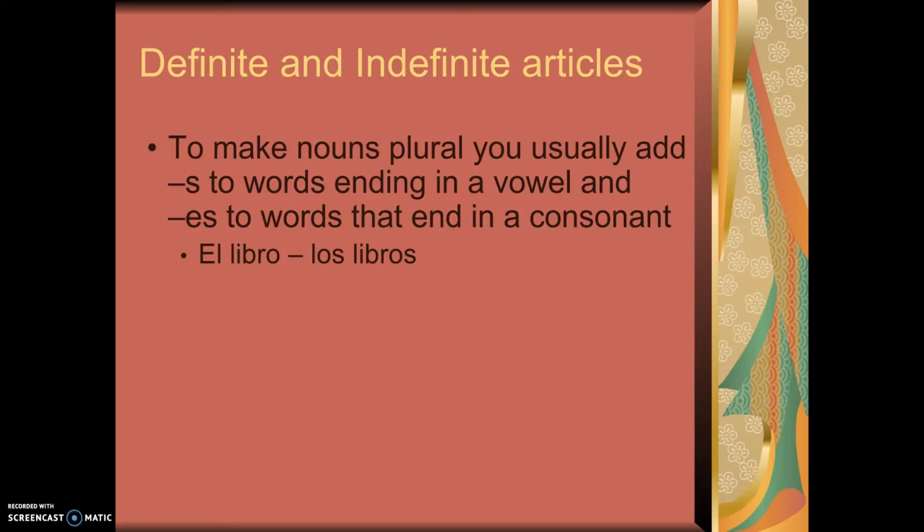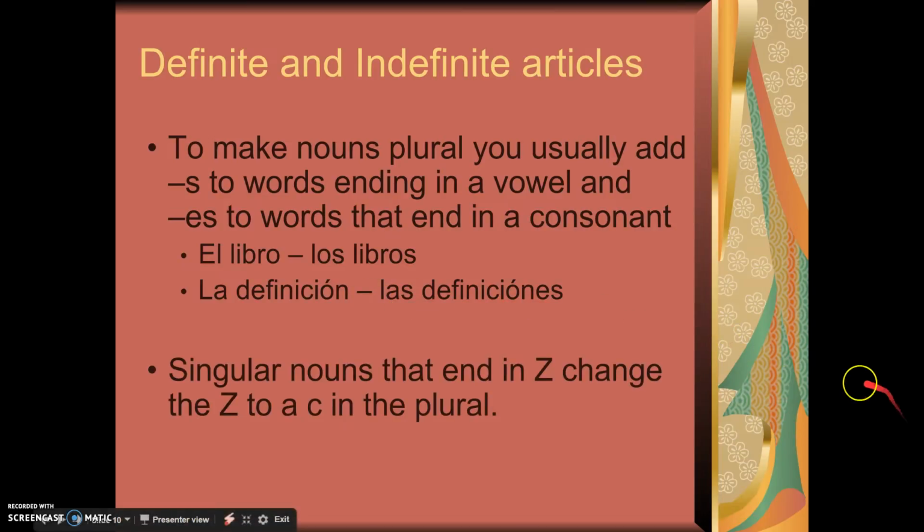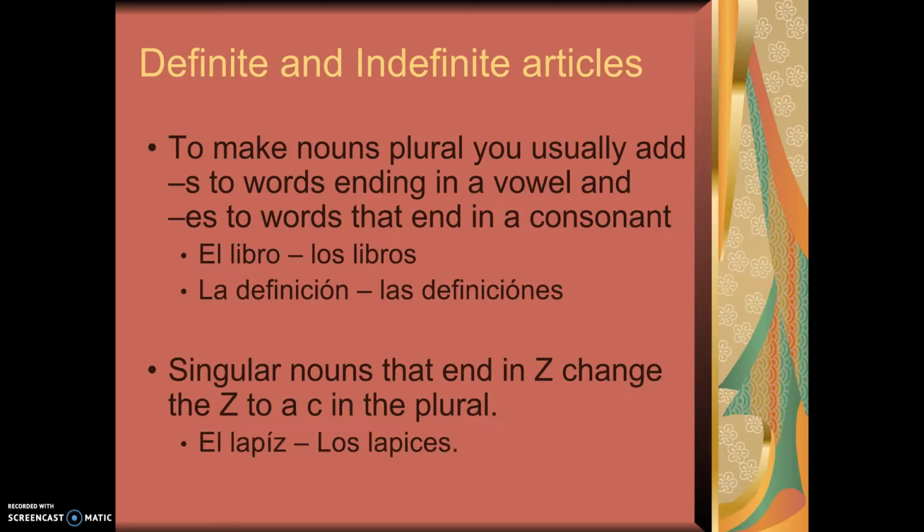So it's el libro, los libros, la definición, las definiciones. Notice the ES there, instead of just S, okay? Oh, nouns that end in Z change the Z to a C in the plural, okay? You'll see el lápiz, los lápices, but that's coming up later on, okay?